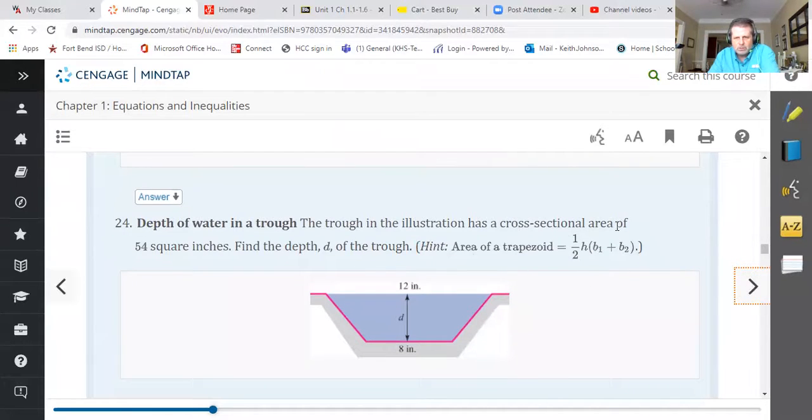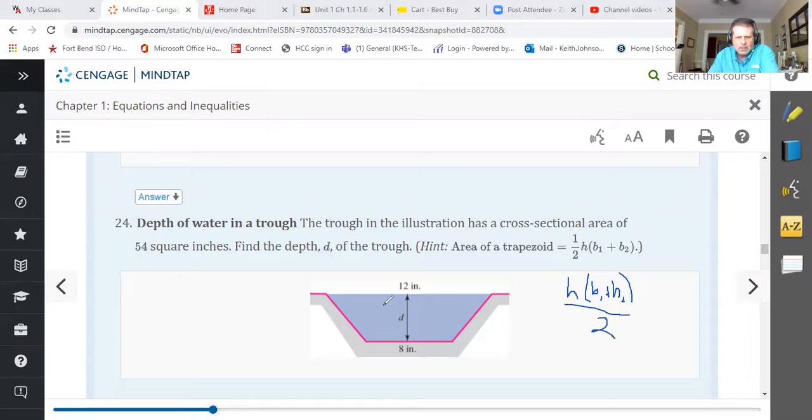This one with the trapezoid, area of a trapezoid, 1/2 times h times base 1 plus base 2. There is another version of that you can do. It is h times b1 plus b2, all divided by 2.